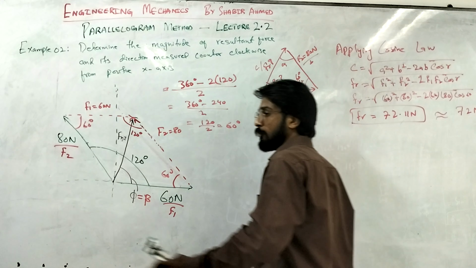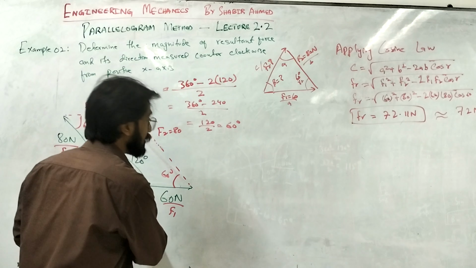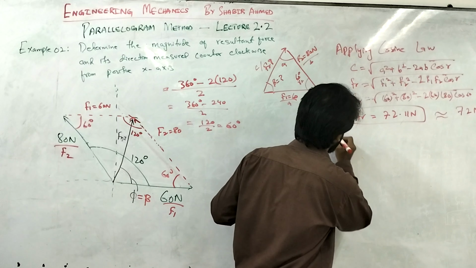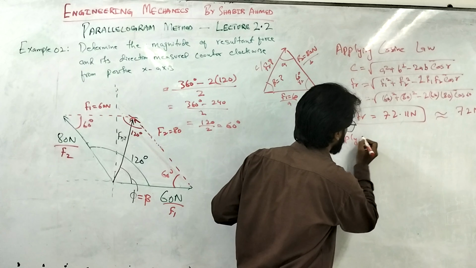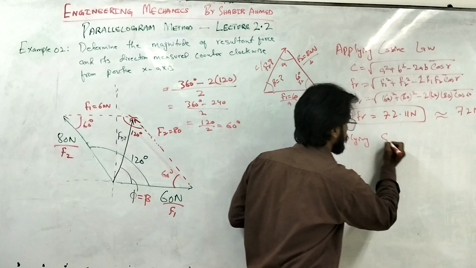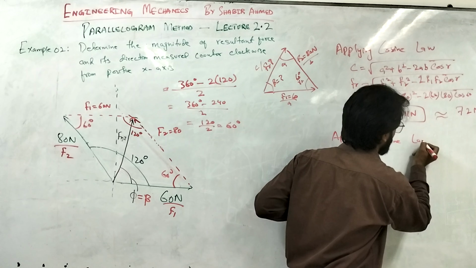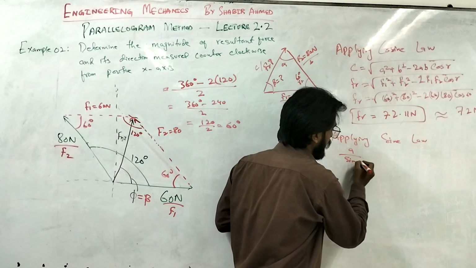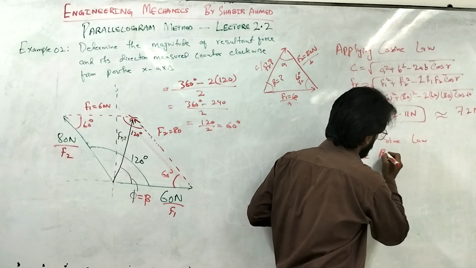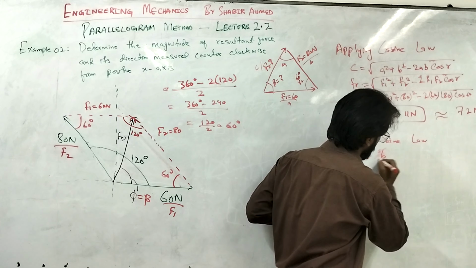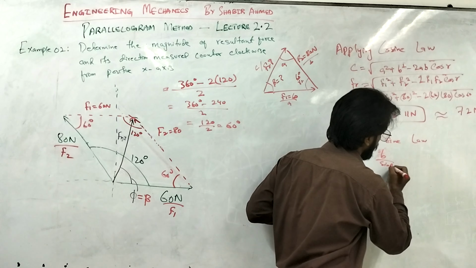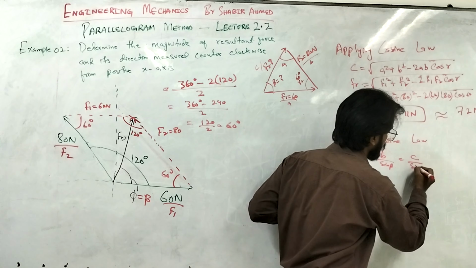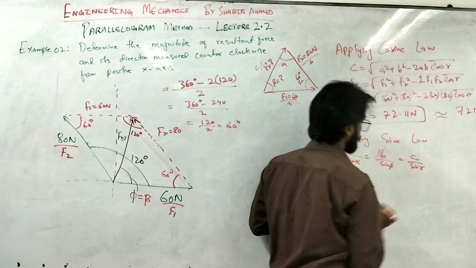Now we need to find this phi value. So we are applying sine law. What does the sine law state? We already have covered it. A upon sine alpha is equal to B upon sine beta, which is equal to C upon sine gamma.